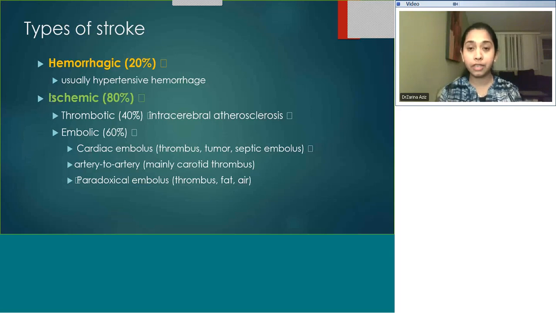Now, I work at a stroke center, and I have seen that mostly these stroke causes come from the clot when it's dislodged from the heart, and in case of atrial fibrillation, that's a very common clinical setting what we see. It could be because of artery to artery embolism, that is when there is a clot at the neck and generally at the carotid bifurcation, and it lodges up and blocks one of the major arteries. Or it could be because of some paradoxical embolus like fat in case of trauma.